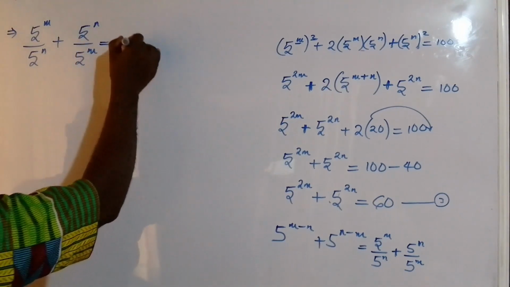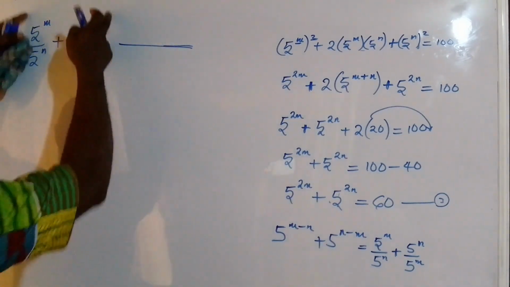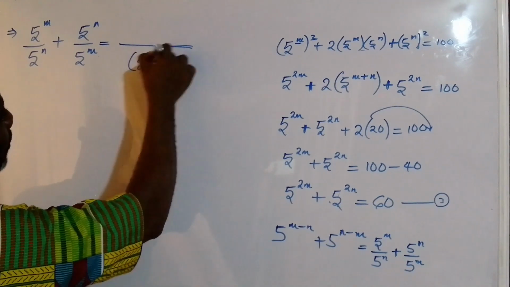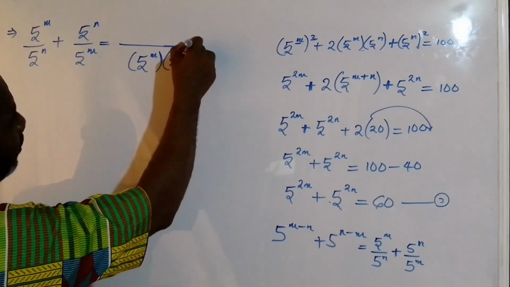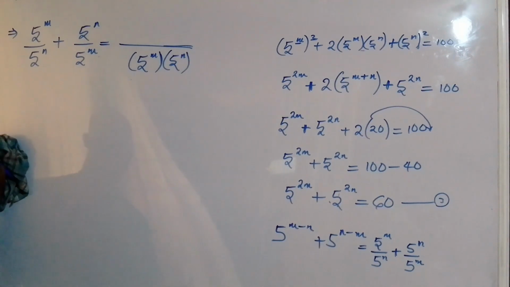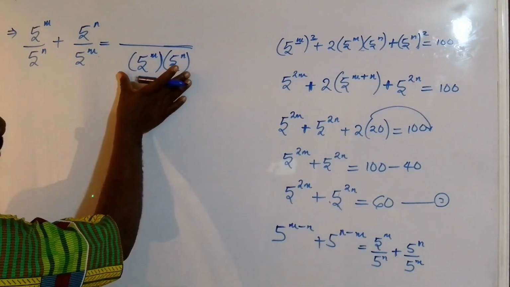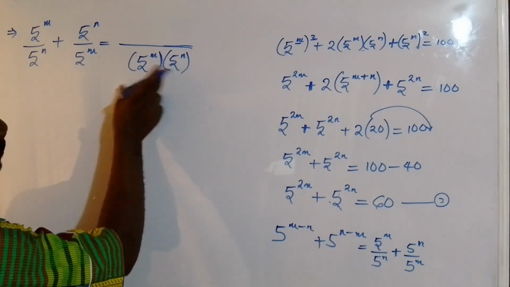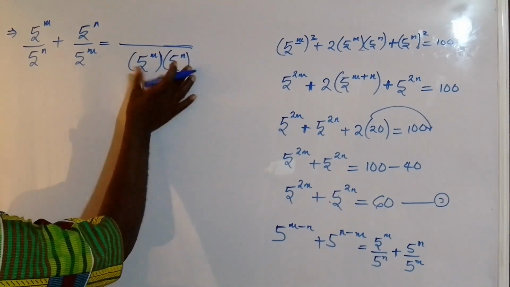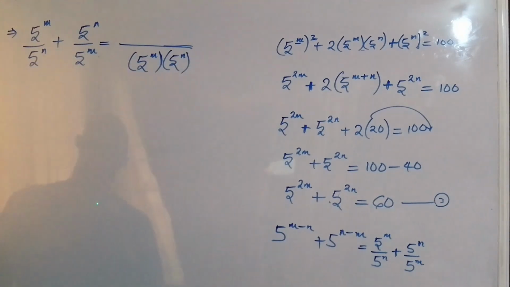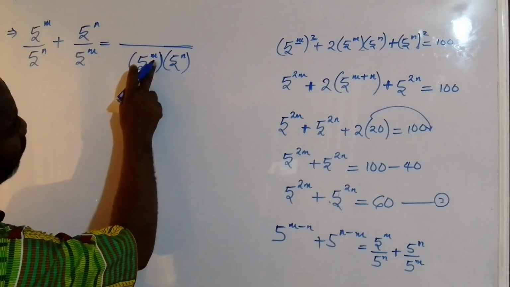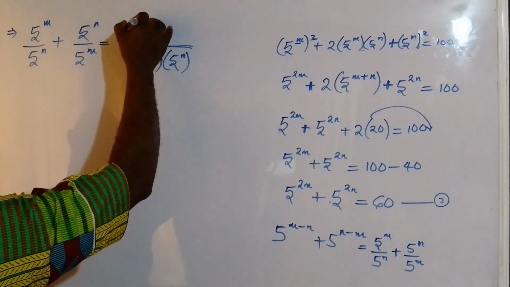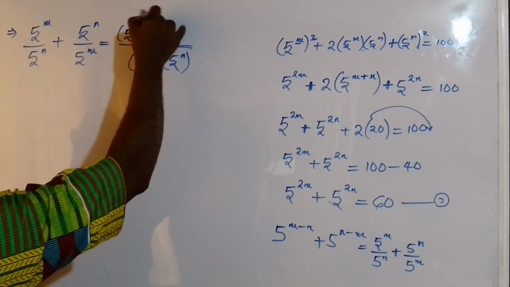What I'm going to do now is find the LCM of this fraction. The LCM will actually be 5 to the power of m times 5 to the power of n. That is for the denominator. At the numerator, the denominator divided by 5 to the power of n leaves me with 5 to the power of m, and that multiplies this other 5 to the power of m, so I get 5 to the power of m squared.